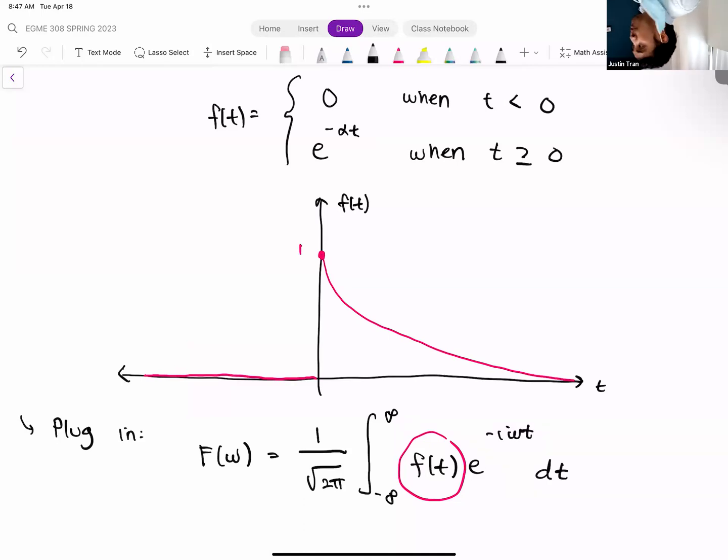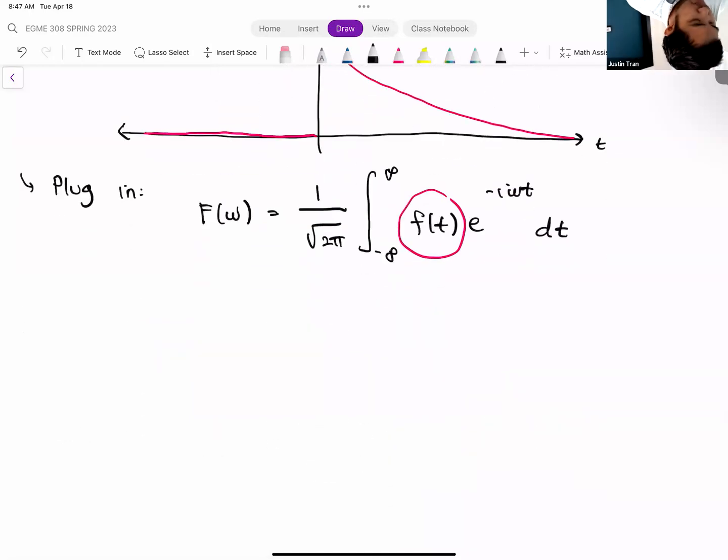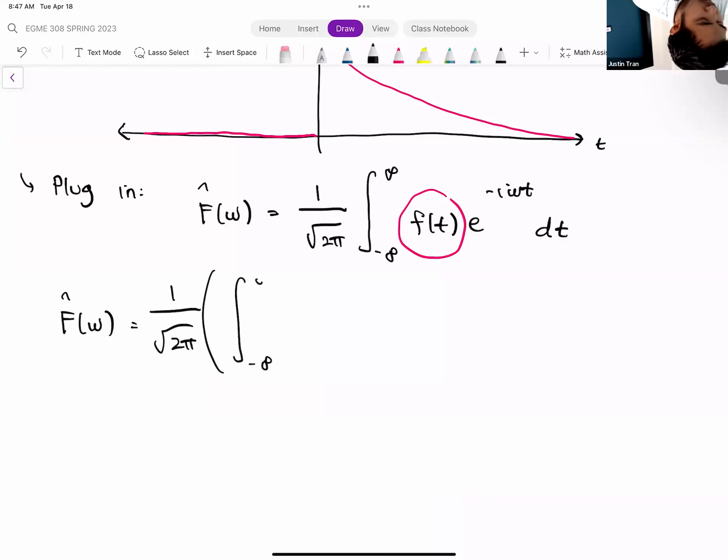One domain from minus infinity to 0, and then another domain from 0 to infinity. So we have f hat of omega equal to 1 over square root of 2 pi times the integral from minus infinity to 0 of 0 times e to the minus I omega t dt, plus the integral from 0 to infinity of e to the minus alpha t e to the minus I omega t dt.